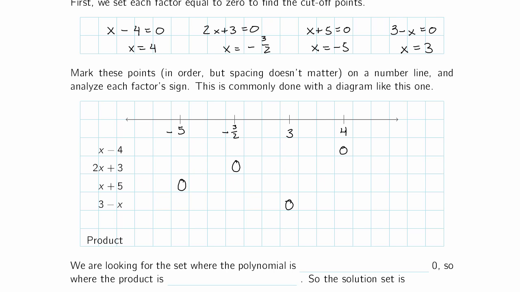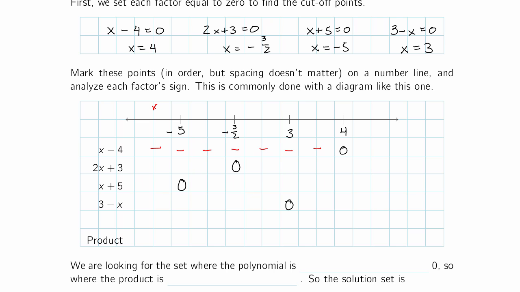Now, for the rest of this, we're not going to be concerned with what actual number we have, just with whether it's positive or negative. So x minus 4 is going to be negative all the time when x is smaller than 4, right? If we take something less than 4 and subtract 4 from it, we get something negative.